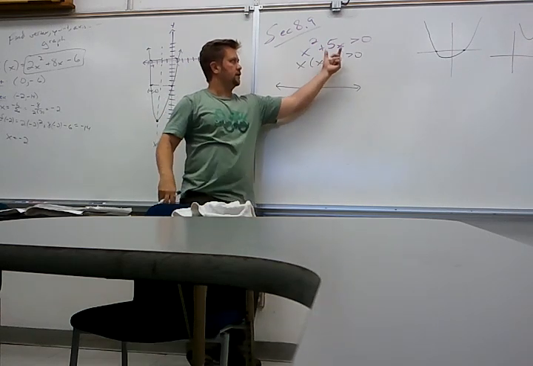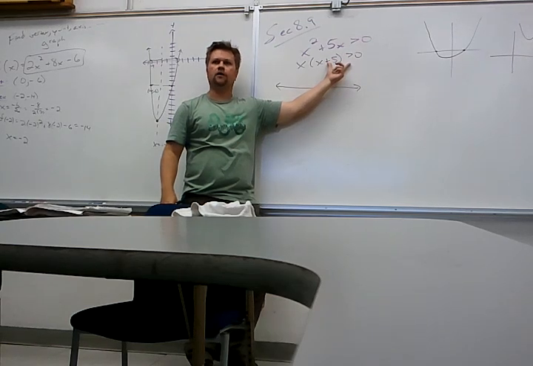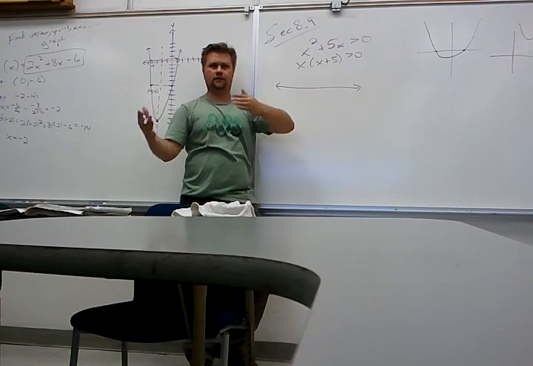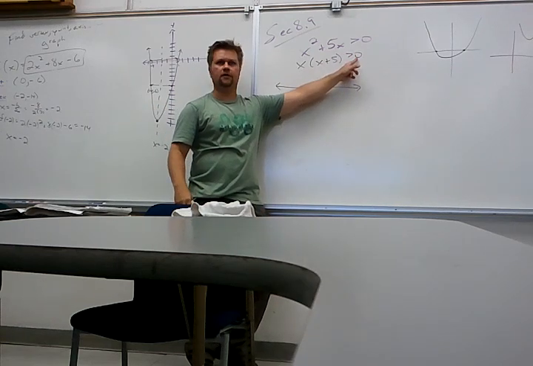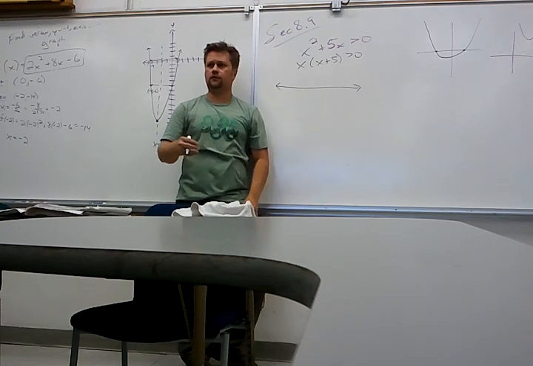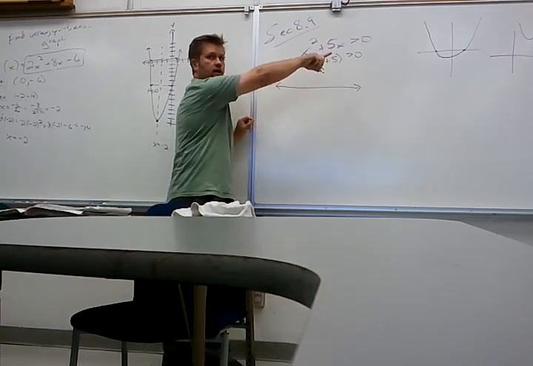So one thing to realize is I'm taking this algebraic equation and making it into a question of sign. That's all I need to figure out: what is the sign of this expression? Where is it positive? So if I can find an easy way to see the places where it's positive, here's my answer. So where is it 0 is where we start, because we know that's where it could change sign.